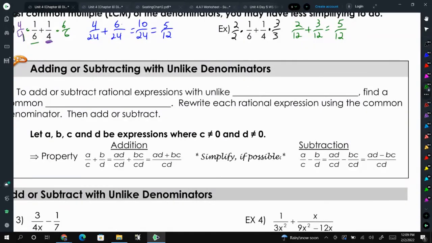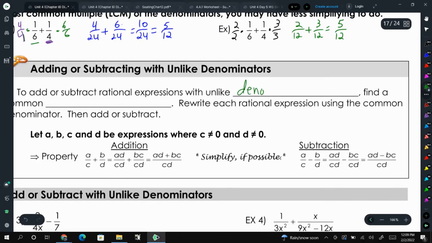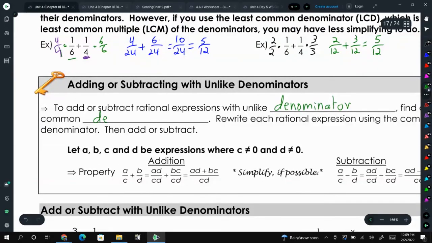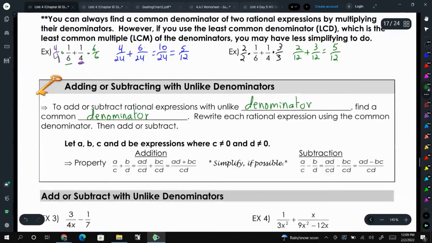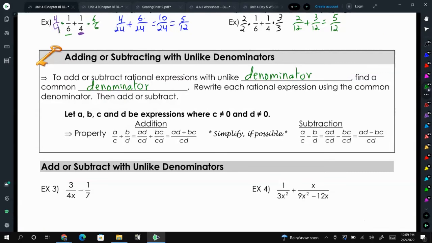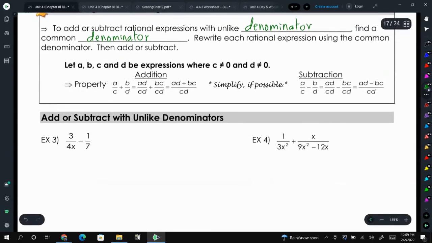So down here, to add or subtract rational expressions with unlike denominators, find a common denominator and rewrite each rational expression using that common denominator, then add or subtract.